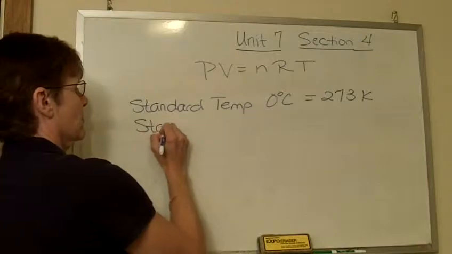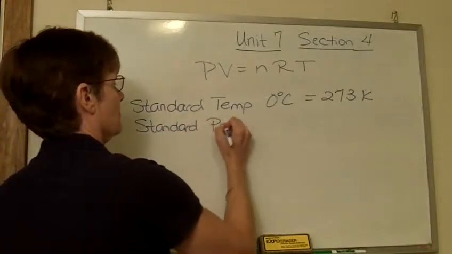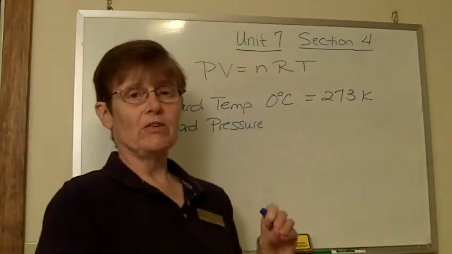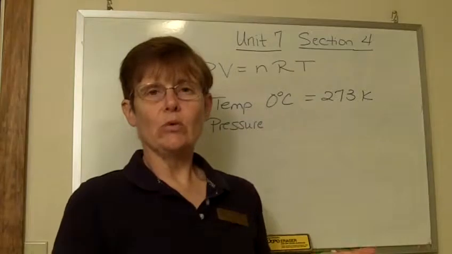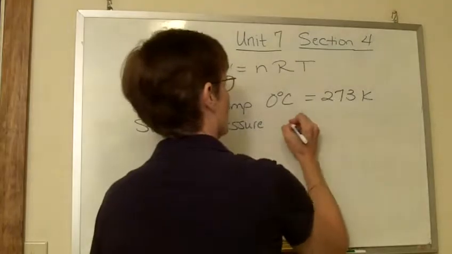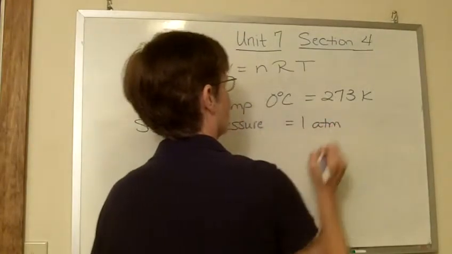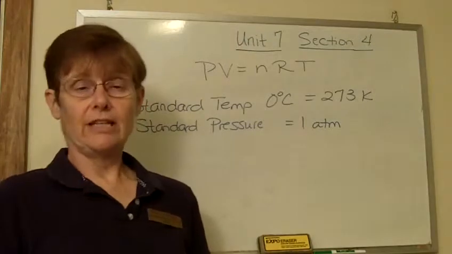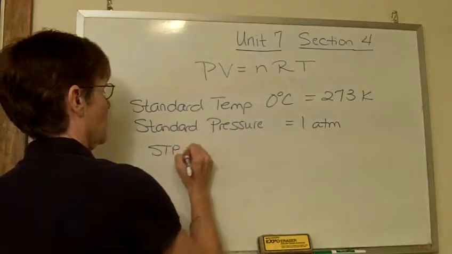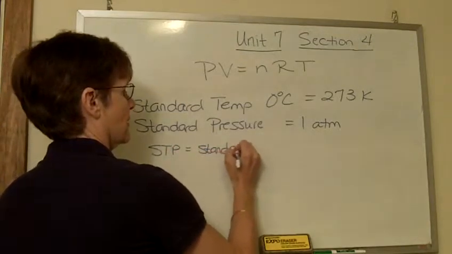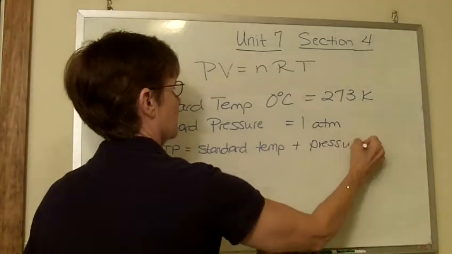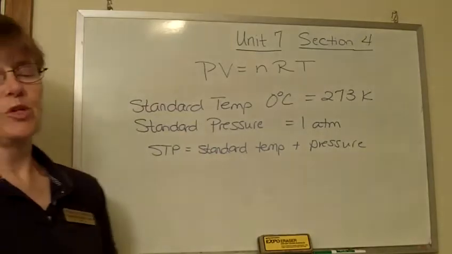Standard pressure was defined as 1 atmosphere of pressure, which is what you would expect them to define it as, because that's typical atmospheric pressure at sea level. So those are our standard conditions. And abbreviated, that's STP equals standard temperature and pressure. So those are our conditions for standard temperature and pressure.